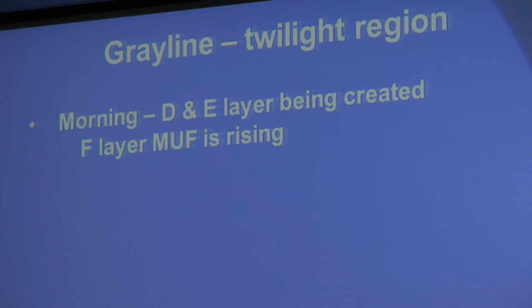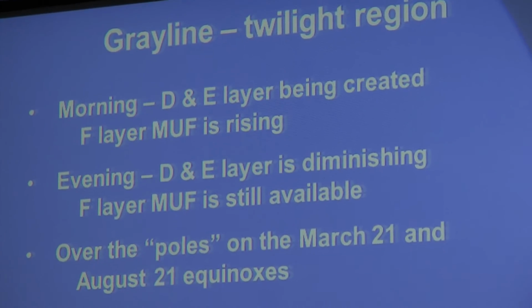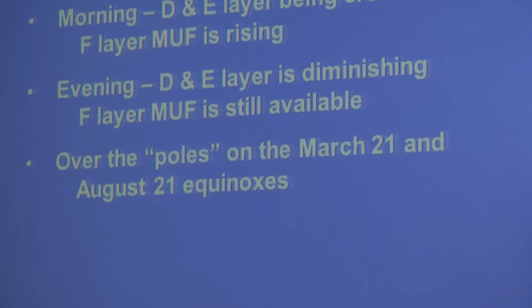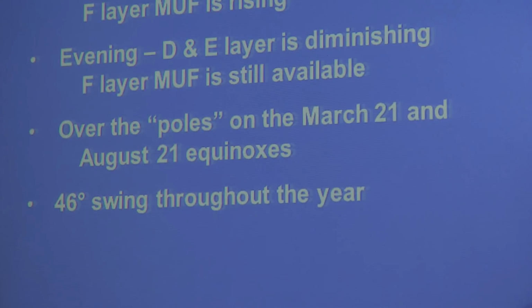Anyway, gray line is great in the morning, it's great in the evening. It goes over the poles on March 21st and August 26th, on both equinoxes. And it has a 46-degree swing throughout the year, depending on where the sun is. So it changes every day, so you need to pay attention to it.